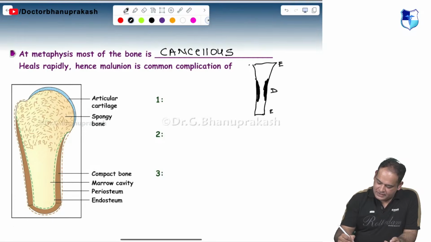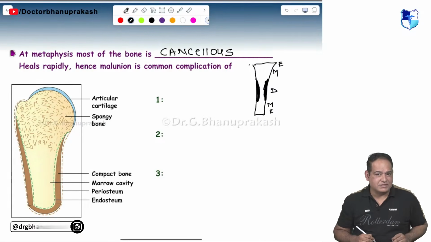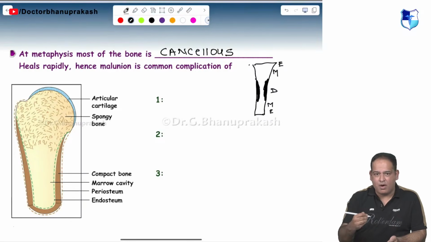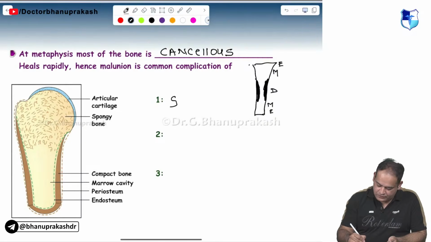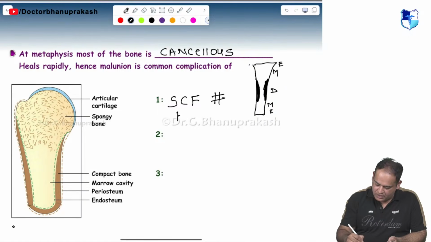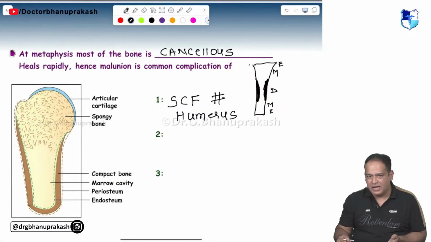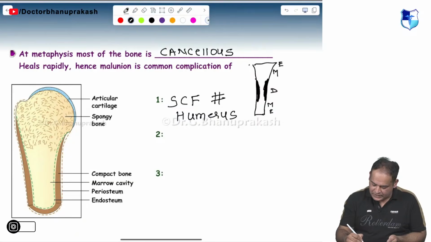But in the metaphysis, bone is less dense. Hence, malunion is a common complication of supracondylar fracture of humerus. For fracture, we will use the hash symbol. Fine. It is a common complication.